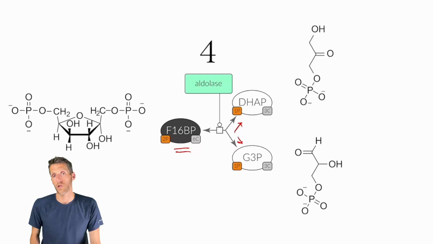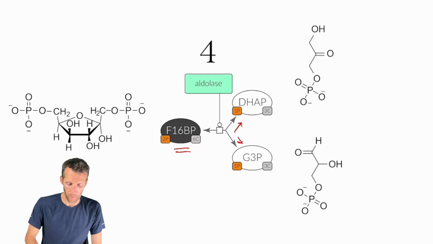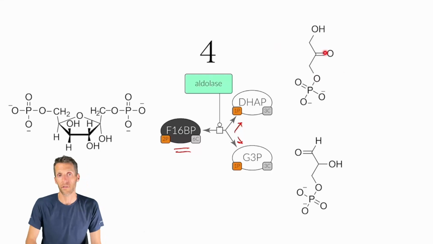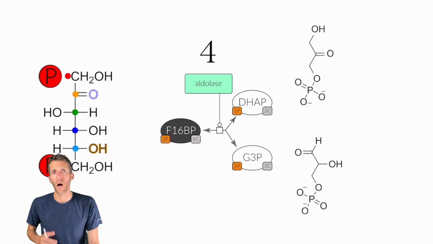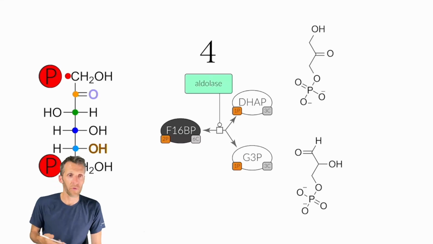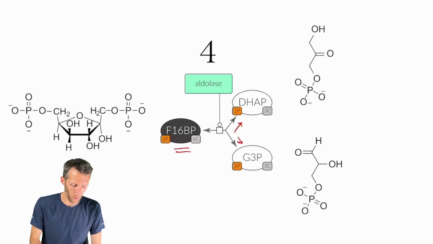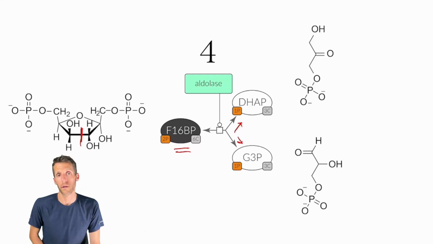These molecules are shown here in the same orientation as the graphic. So this is dihydroxyacetone phosphate, glyceraldehyde 3-phosphate here. To help us keep track of what's going on, I should say which bond we're cutting. We're cutting this bond here in the sugar.